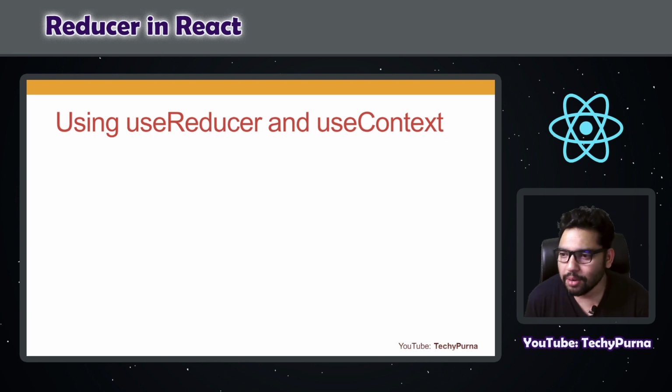As you know, prop drilling is not the right way to code in React, right? We unnecessarily pass property data from one component to another, even though they don't need to do anything with that data. To avoid prop drilling, we use context.